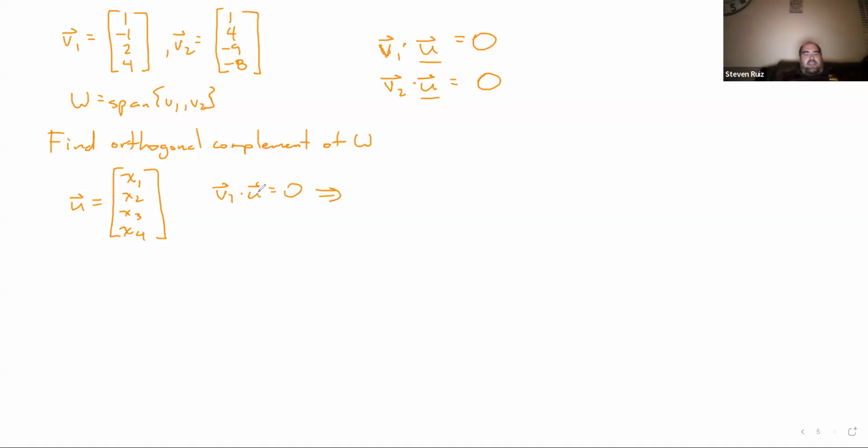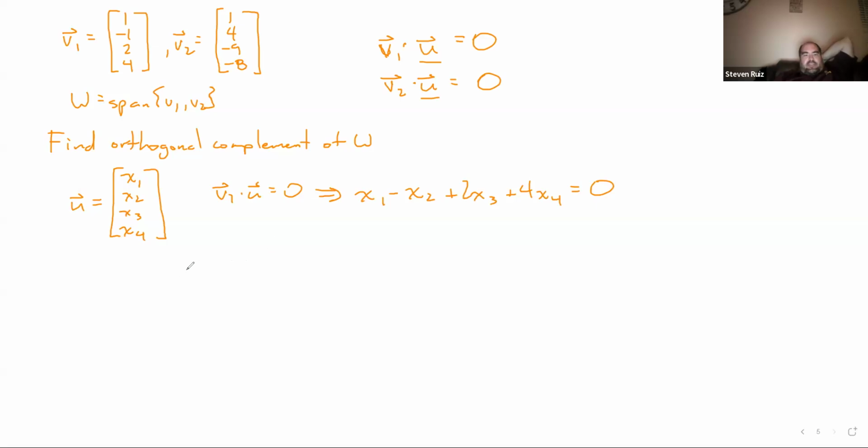So another way of saying that is this. If I dot those together, I get 1 times X1 minus 1 times X2 plus 2 times X3 plus 4 times X4 equals 0.